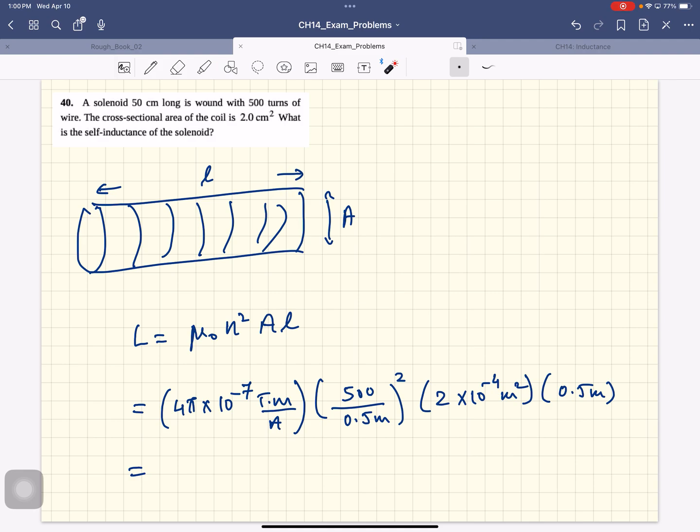All right, let's take care of powers of 10. There's 10 to the minus 4, and here 10 to the 2 squared will give you 10 to the 4. So that'll cancel that.